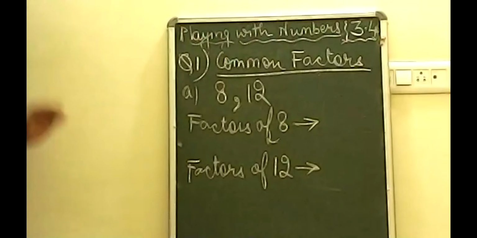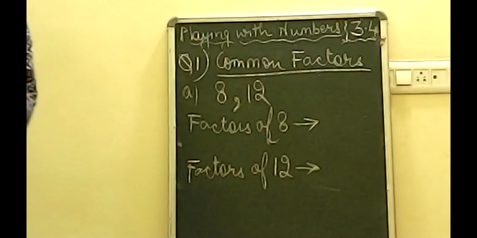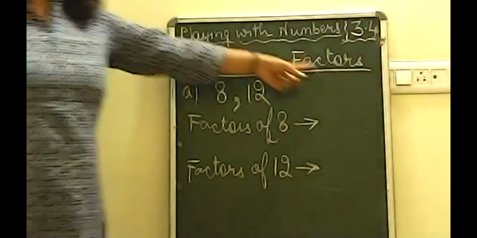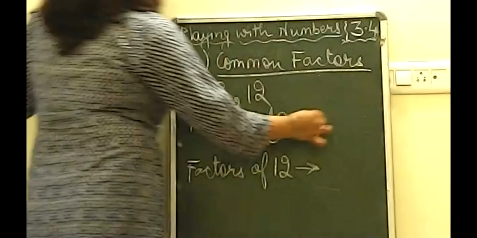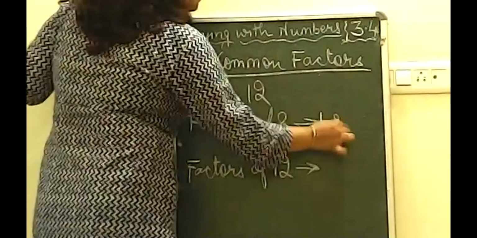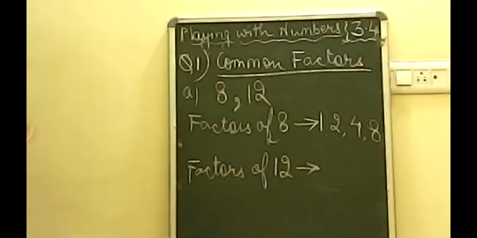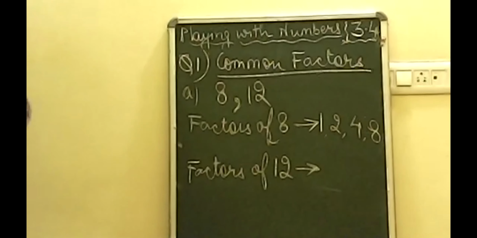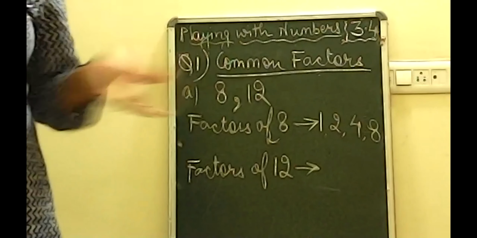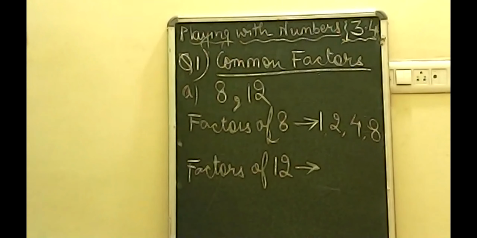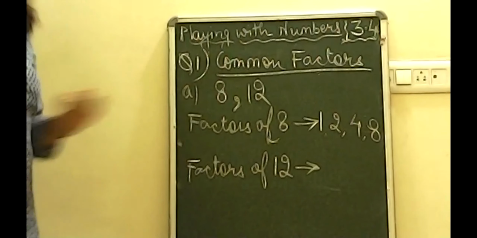Whatever number is given, we first find its factors, because we are doing it in reverse. So the factors of 8 are 1, 2, 4 and 8. How to find factors I have already explained in the previous classes, so I have written directly the factors of 8.